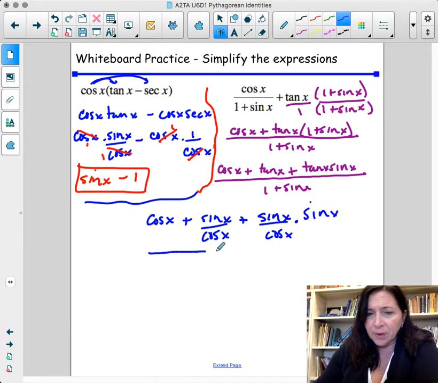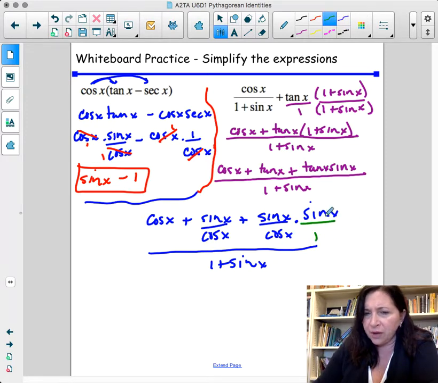Don't forget, all of this is over 1 plus sine of x. Okay? What I do notice is that these two terms here are already over cosine. And that looks like that's going to be sine squared of x, because sine times sine is sine squared. So I have sine squared of x over cosine x.